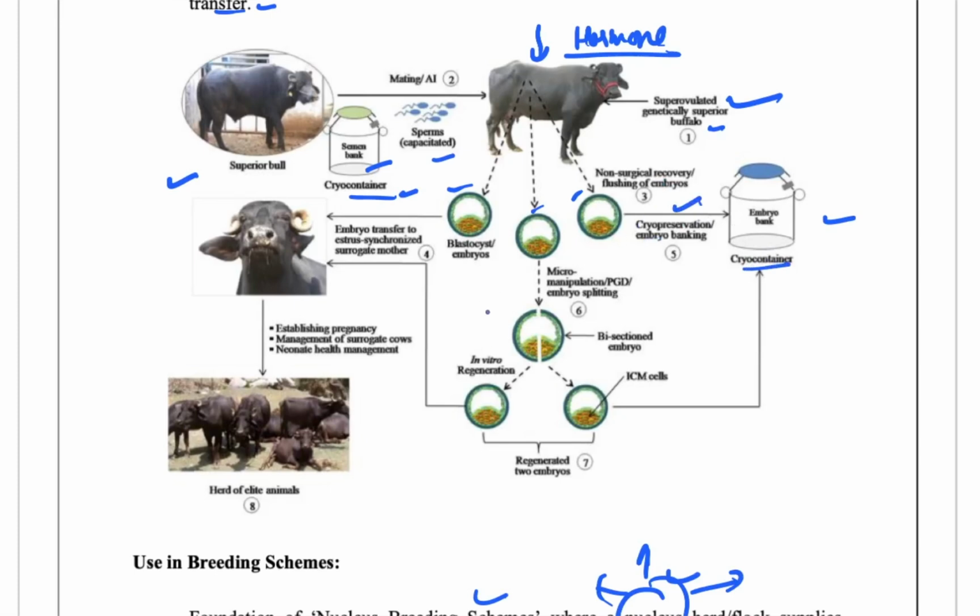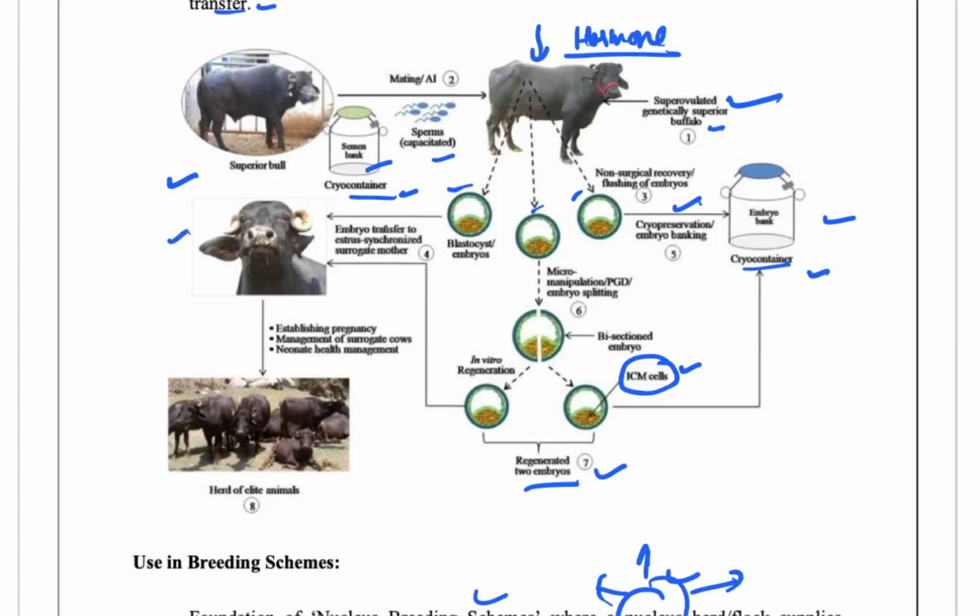Again, from these zygotes, one more thing can be done. From these zygotes you can collect different cells, right? Basically the ICM, the inner cell mass cells from the blastocyst, and you can also have 2 embryos or 3 embryos as per the development of the number of ovums in the female. So these zygotes are kept in the cryo container, and then these can be used further in the surrogate mother.